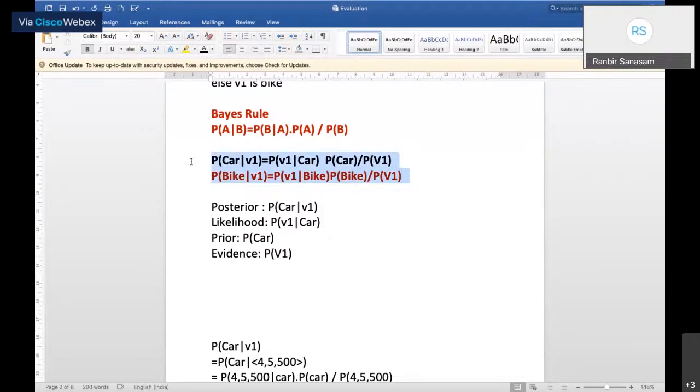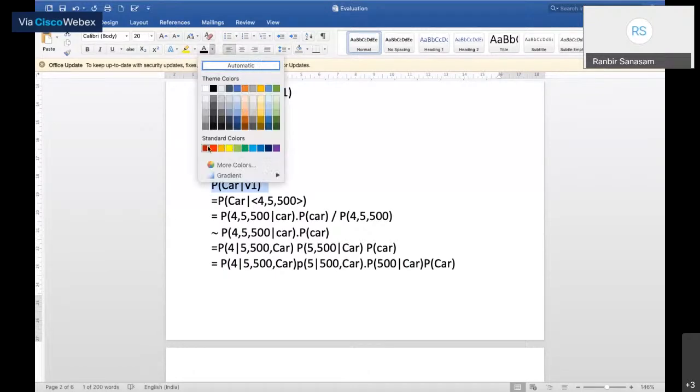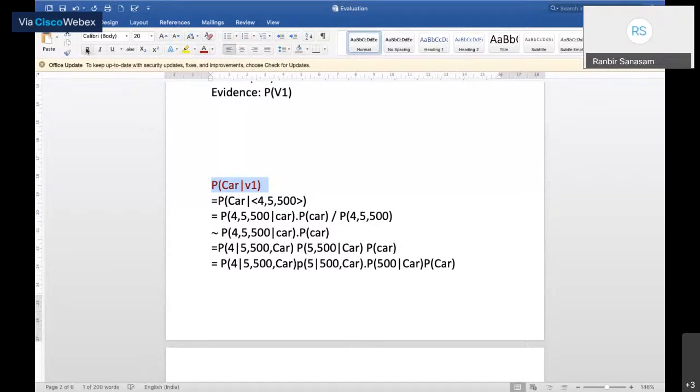Again, how do you calculate the probability of getting a car given this V1? How do you calculate this probability? Are you following? Are you with me now?